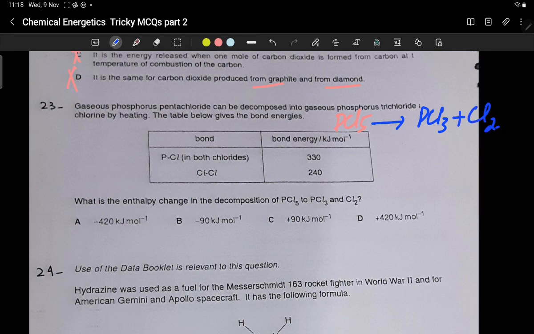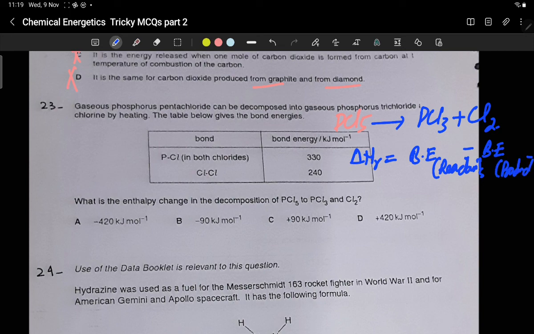We know delta HR is equal to bond energy of reactants minus bond energy of products.